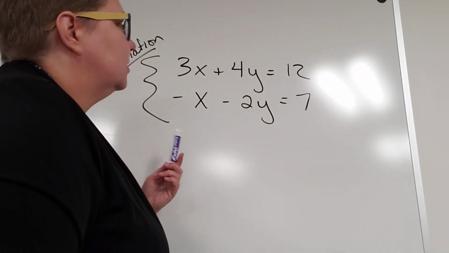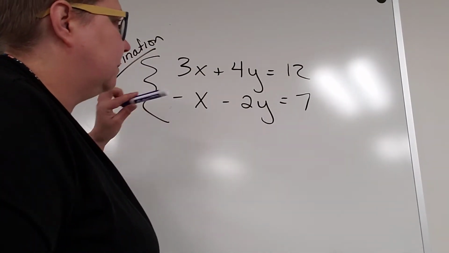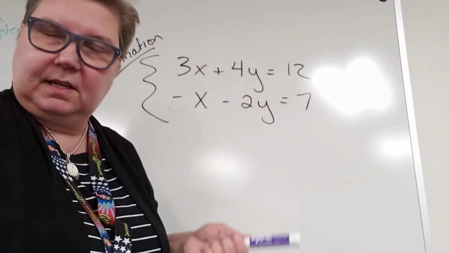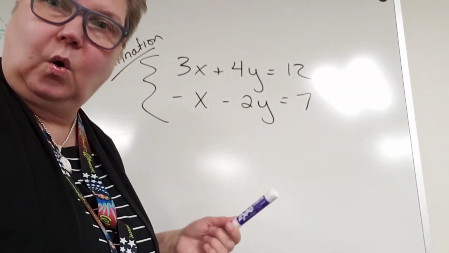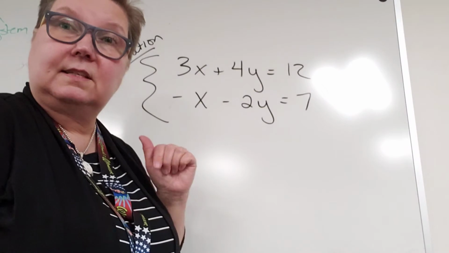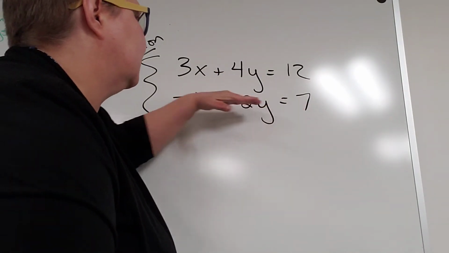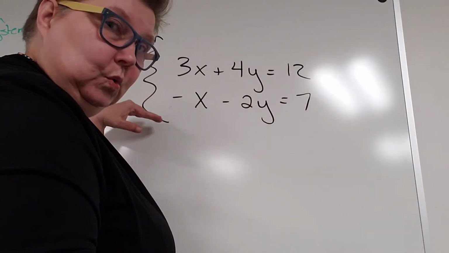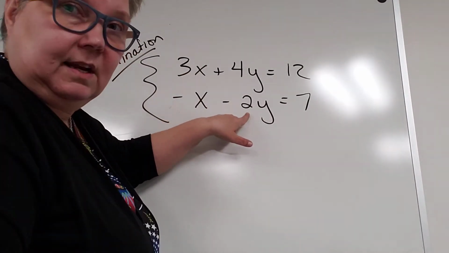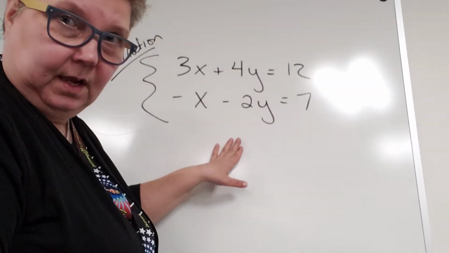So what I need to do is take one of these equations, either the top one or the bottom, and multiply by something so that the coefficients, these things out front, are the same except for a sign change. So like I have to multiply this whole equation by 2 so that this is a negative 4, so that when I add it, y goes away.